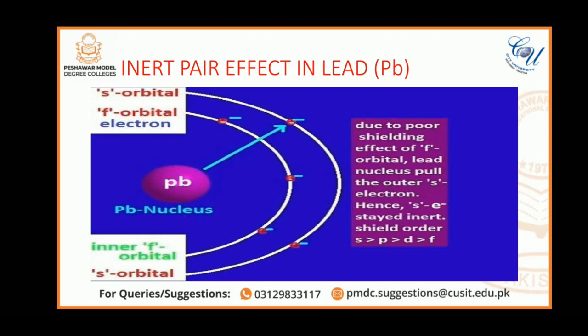So, due to poor shielding effect of the F orbitals, the nucleus pulls the outer electrons. As a result, these valence s electrons are unable to take part in bonding, and this effect is called inert pair effect.